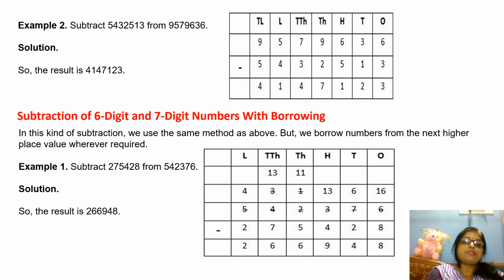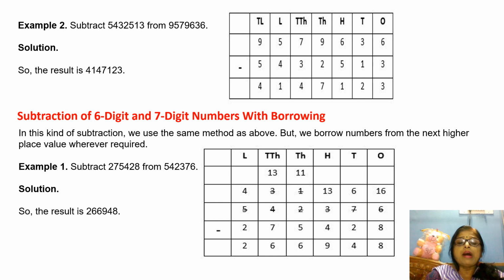Next, subtraction of 6-digit and 7-digit numbers with borrowing. In this kind of subtraction, we use the same method as above, but we borrow from the next higher place value wherever required. If not required, then leave it.